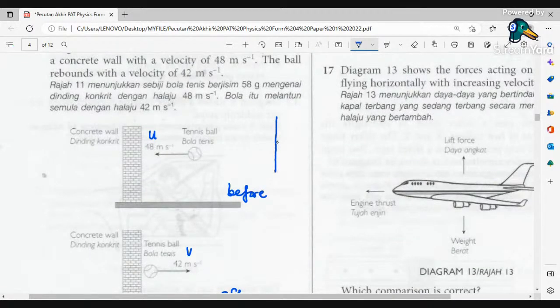During collision, on the wall is this one. On the ball is this one.